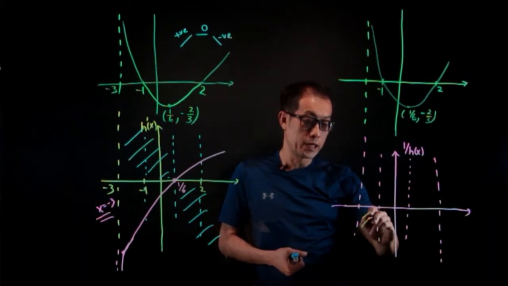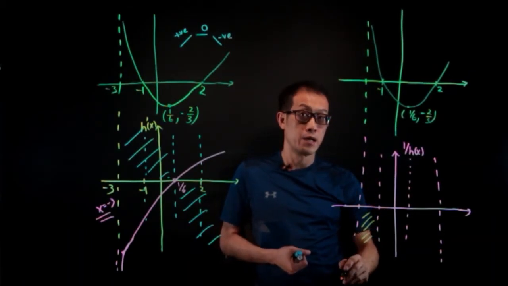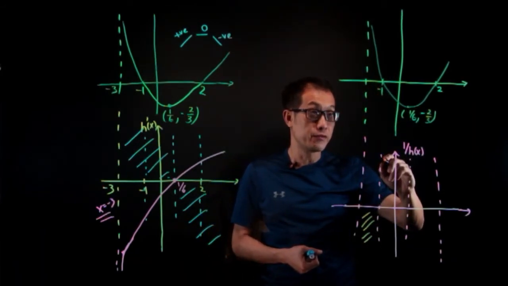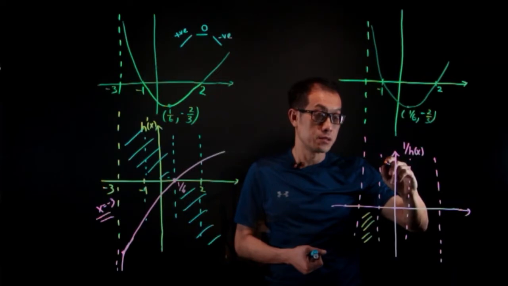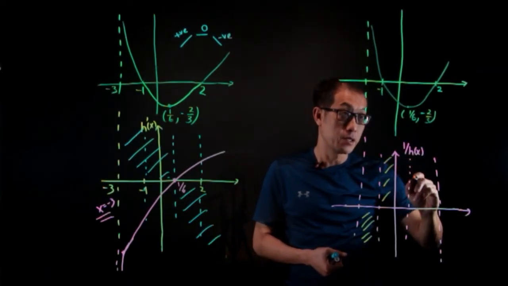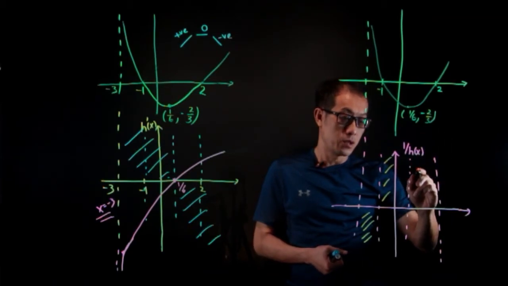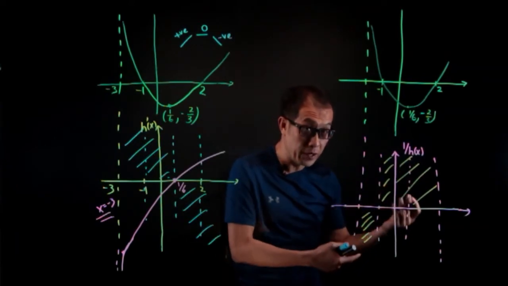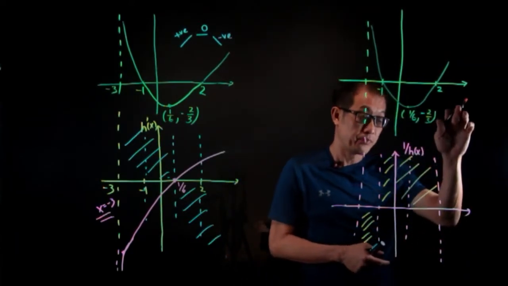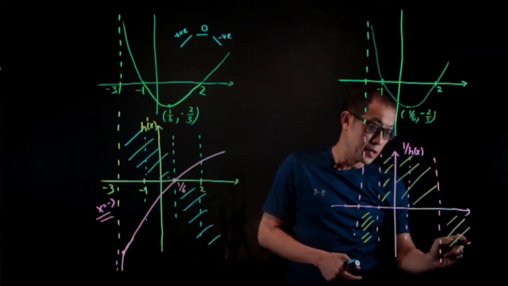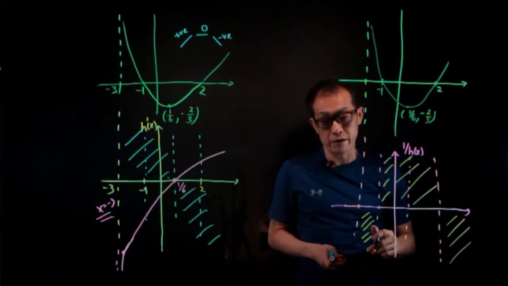So it will not occupy here. This part, it will occupy the negative region. So same as here. All this, it will occupy the negative because it doesn't change sign when you flip the graph. Here is positive, so it will not occupy this region of the graph.